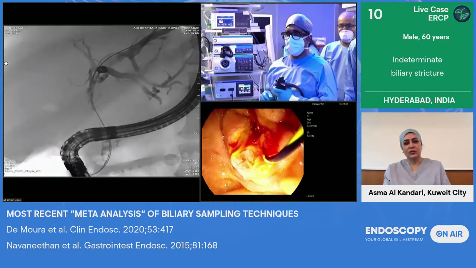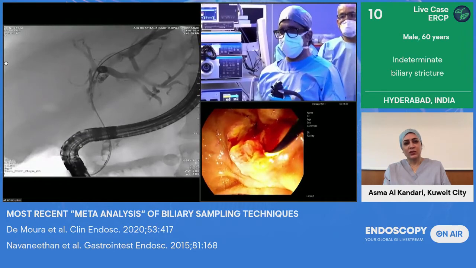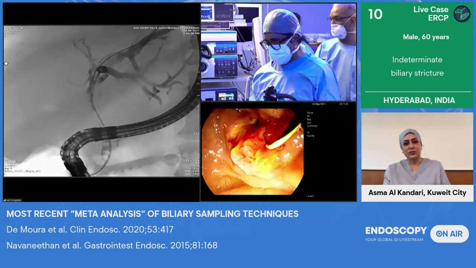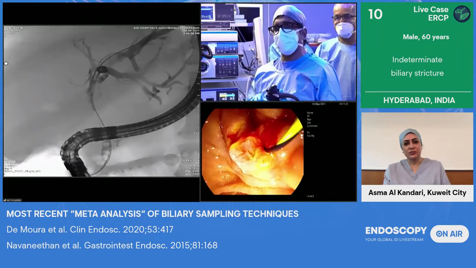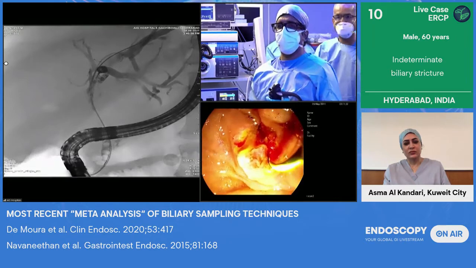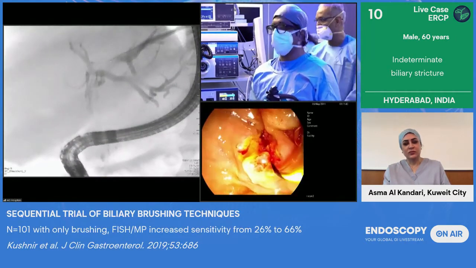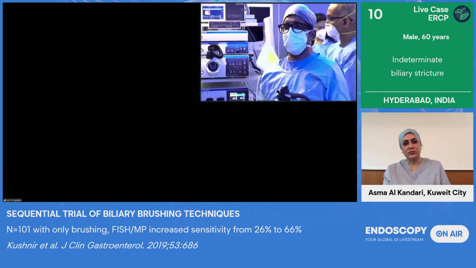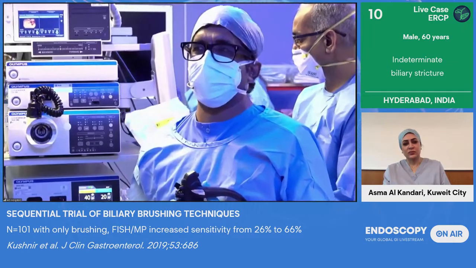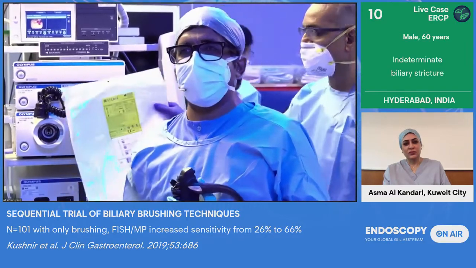You can see the left hepatic duct is now visualized. So we'll pass a brush cytology. I'm using this brush, which is known as, can we have that brush, please? This is an Infinity brush, and this has a very special design where we have two types of brush.